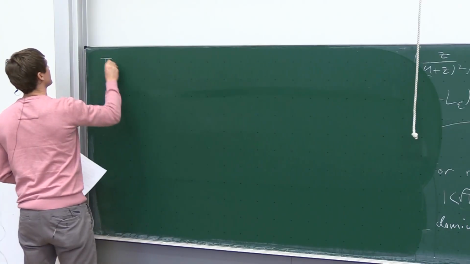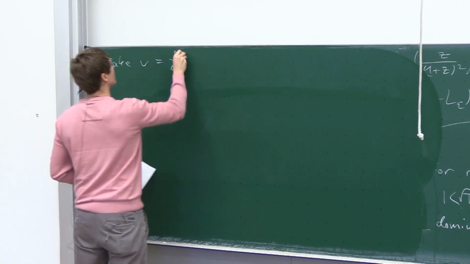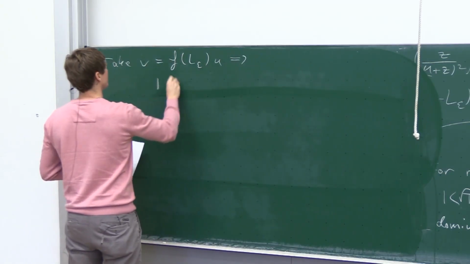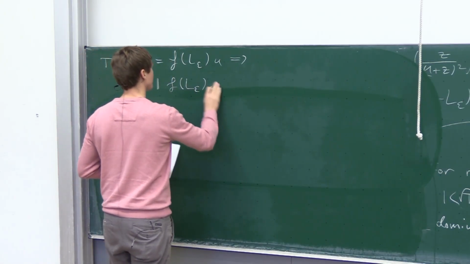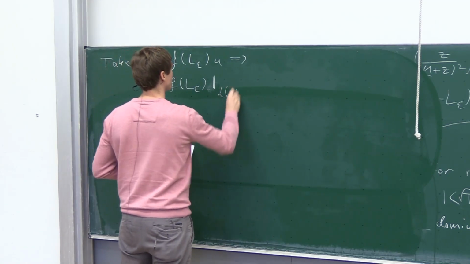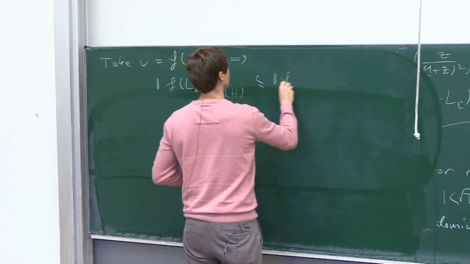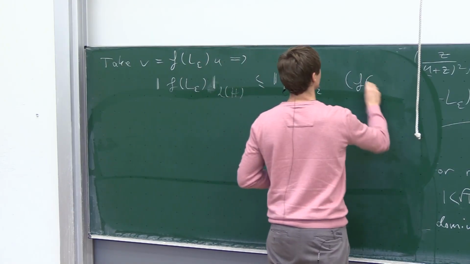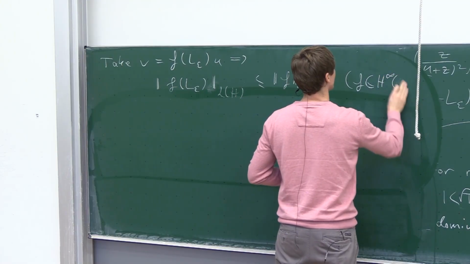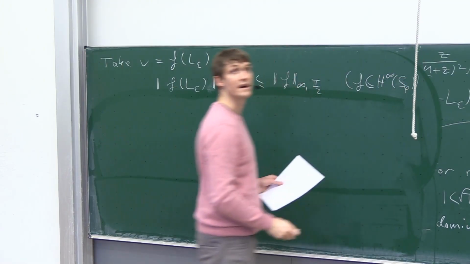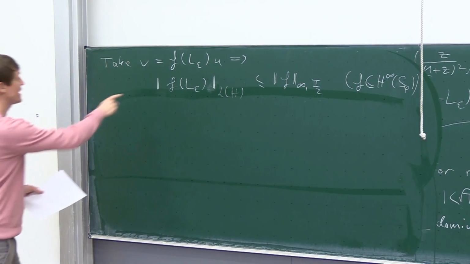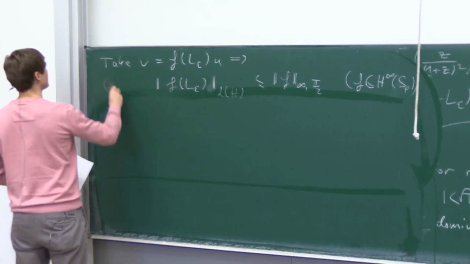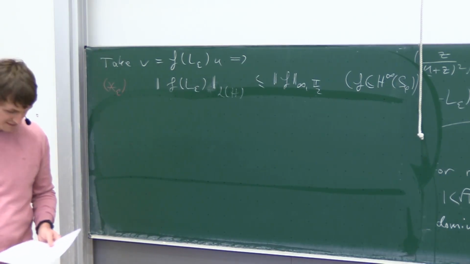So take v to be f of L epsilon u, and then we conclude that the operator norm of f of L epsilon is controlled by 1 times the supremum norm of f on the sector of angle pi over 2 for any f in H0 infinity on this larger sector S phi. Okay, and this is the claim, this is essentially the von Neumann inequality for the operators L epsilon, and I call this here star epsilon.